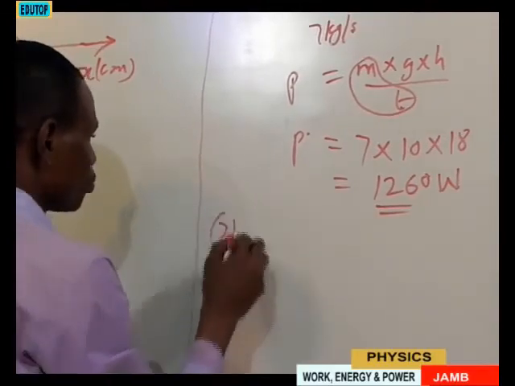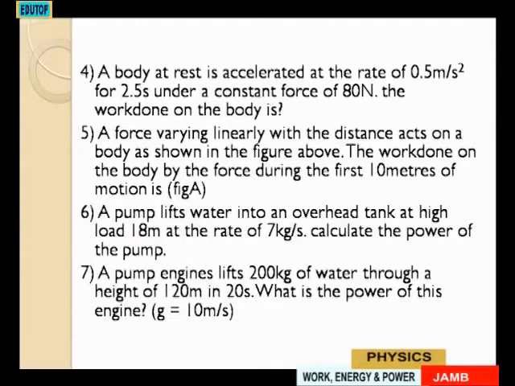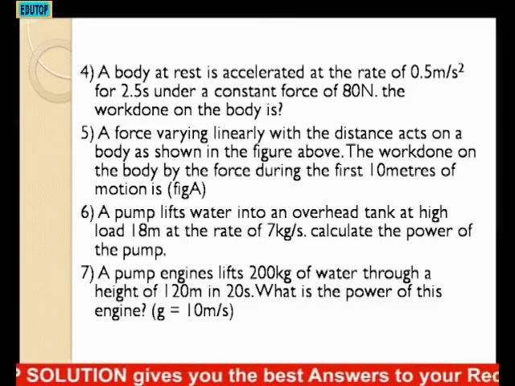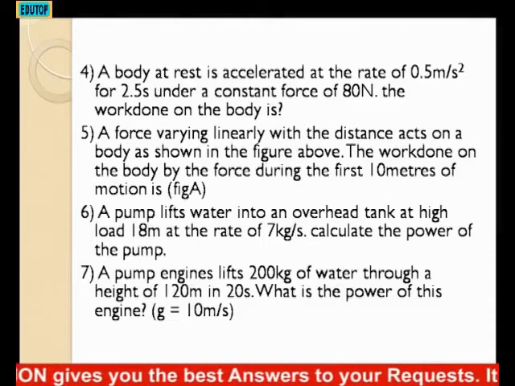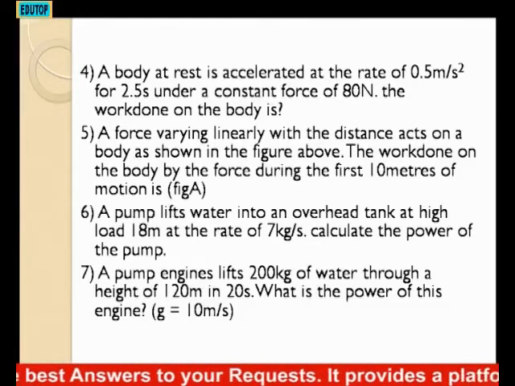Question number 7. Question number 7 says a pump engine lifts 200 kilograms of water to a height of 120 meters in 20 seconds. What is the power of the engine? It's still the same thing, but it's just a different way of doing it.